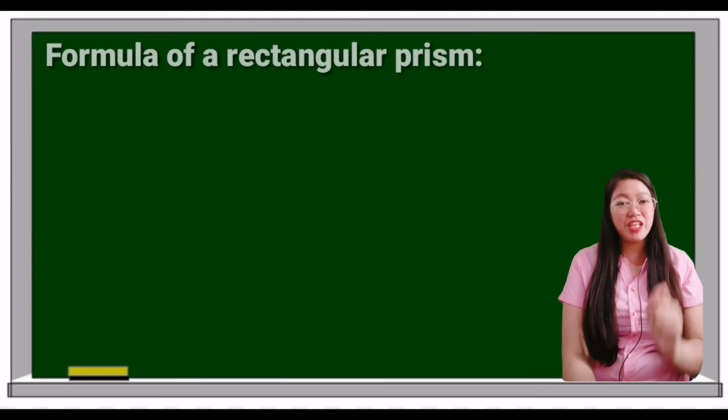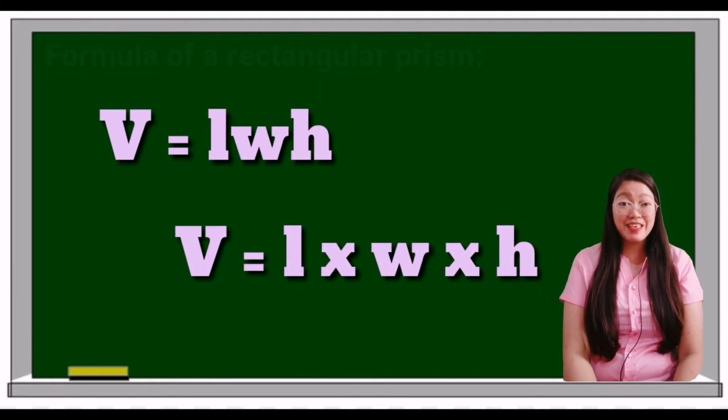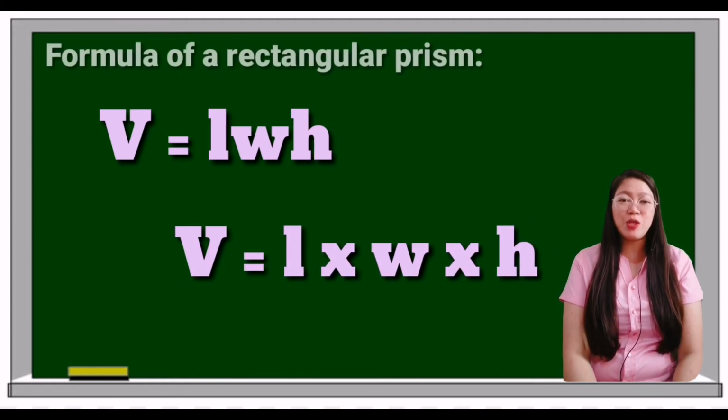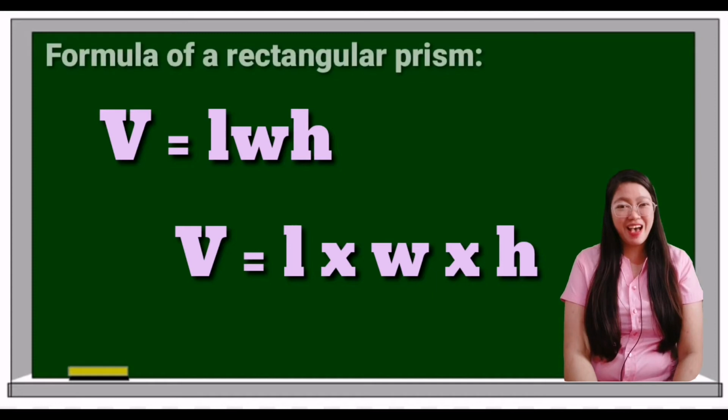We use the formula V equals LWH, or V equals L times W times H, or volume equals length times width times height.